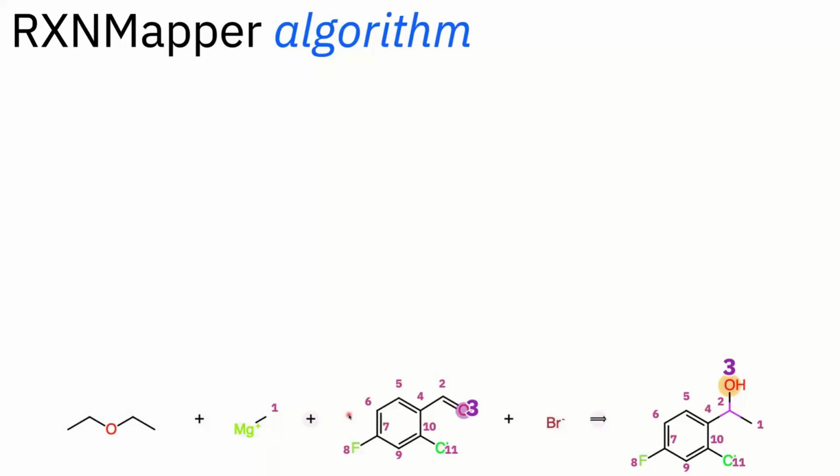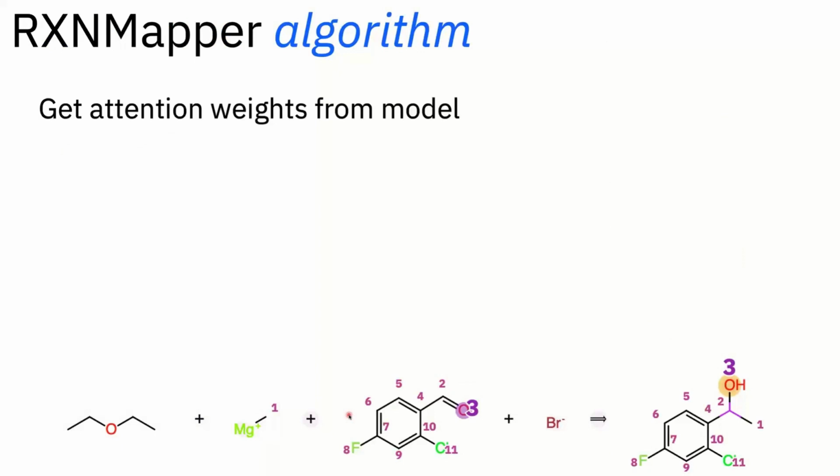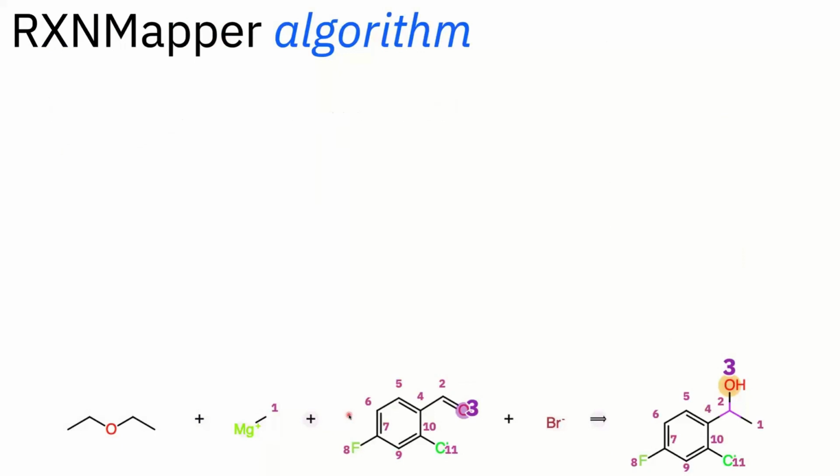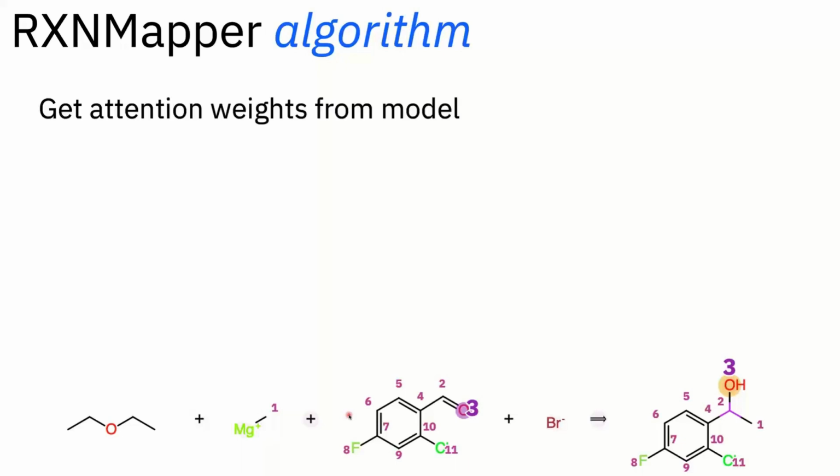Reactionmapper is, as the name tells you, an atom mapping algorithm, and basically from a non-atom-mapped reaction, it would produce the correspondence between the atoms in the products and the precursors, and tell you how the atoms reconfigured.